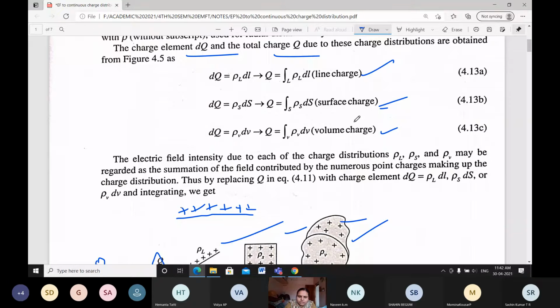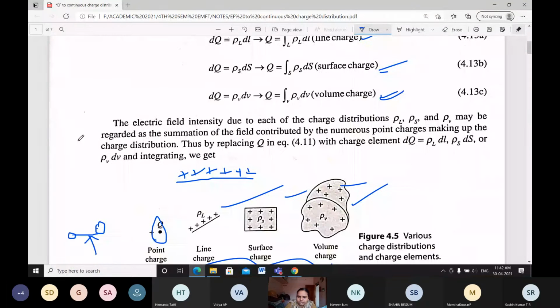Then the electric field intensity due to each of the charge distributions, that is rho L, rho S and rho V, may be added as the summation of the fields contributed by the numerous point charges. For the line charge, each charge gives its own electric field intensity.